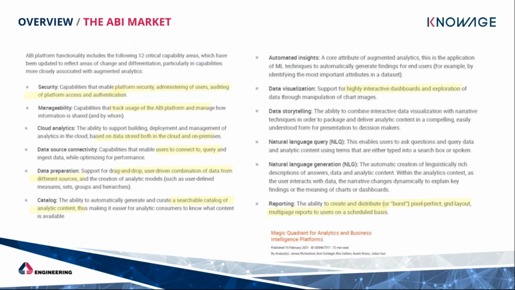So let's start talking about the analytics and business intelligence market as defined by Gartner. Gartner's definition changed over the year, as you know, detecting new trends and also shifting the boundaries of the market definition. For example, last year there were advanced analytics and embedded analytics as criteria that have now been removed.